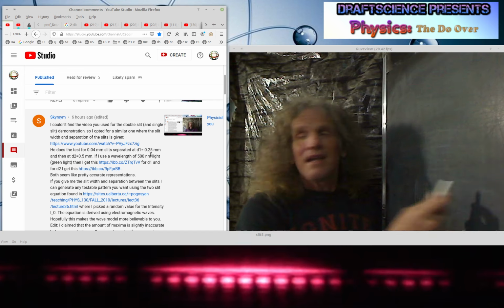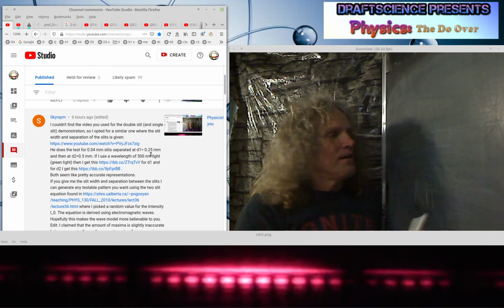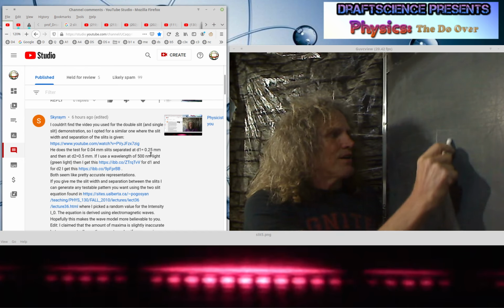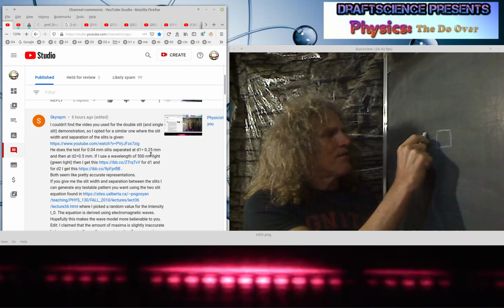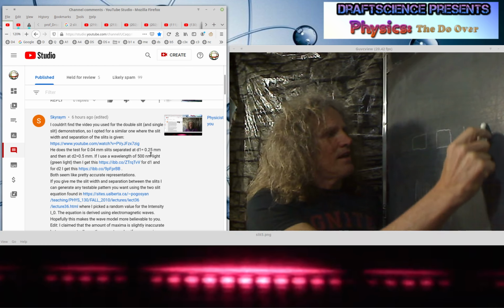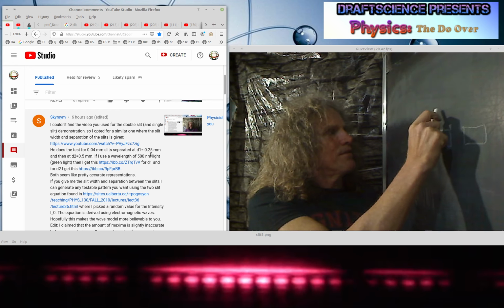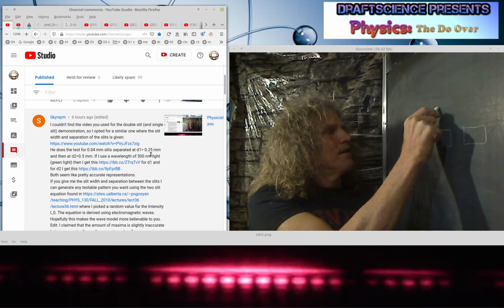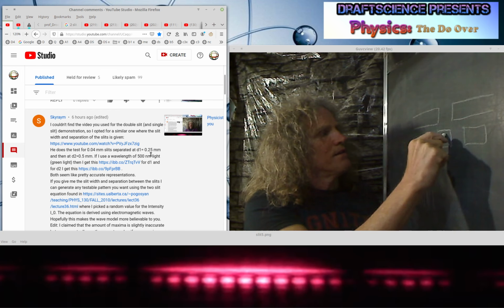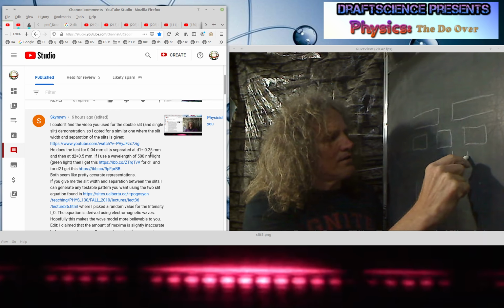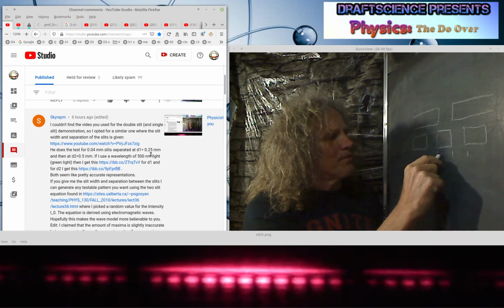So obviously this pattern below me is made of perfect symmetry. The double slit has exactly the same dimensions as the single slit above. So the single slit opening is exactly the same width as the impediment, and the distance here is exactly the same as the distance from here to here.